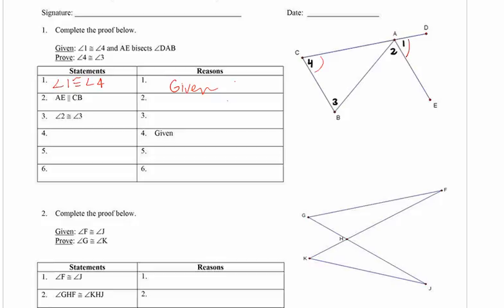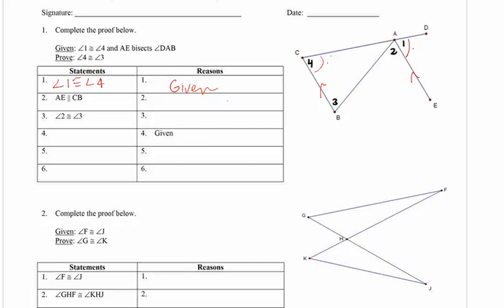The second step is given to you, at least the statement is, that AE is parallel to CB. So I'm going to mark that on my diagram. And why would we know that? Well, if we go back to the first statement, which was angle 1 equals angle 4, and we consider these parallel lines, CB and AE, and then CD is our transversal, we can see that 1 and 4 are in the same spot.